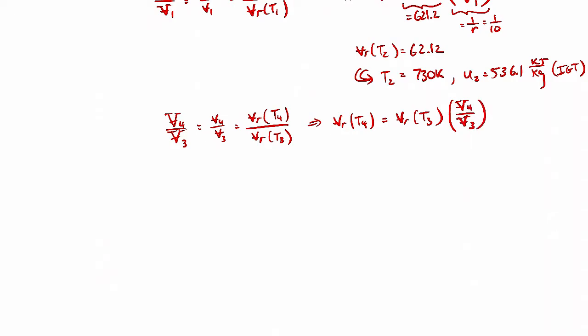Okay, so as I mentioned before, we can look up in the ideal gas table to find that that comes out to be 25.17. And then V4 over V3 will be the same as V1 over V2, right?